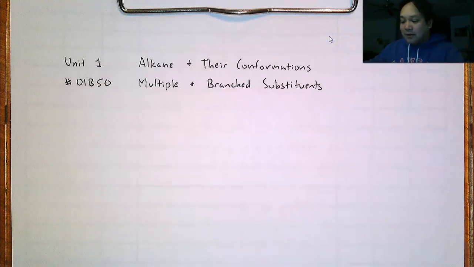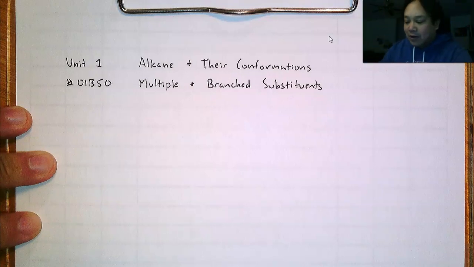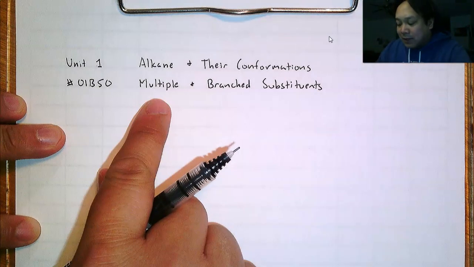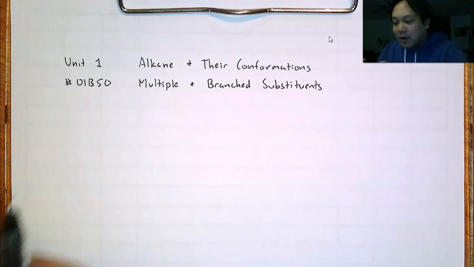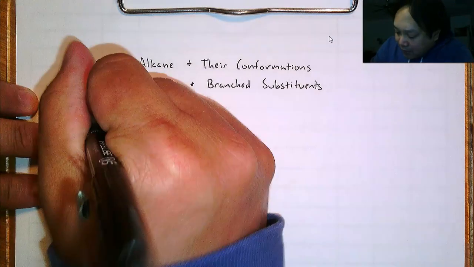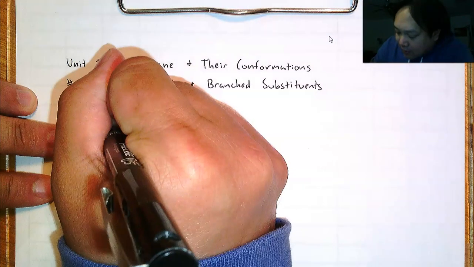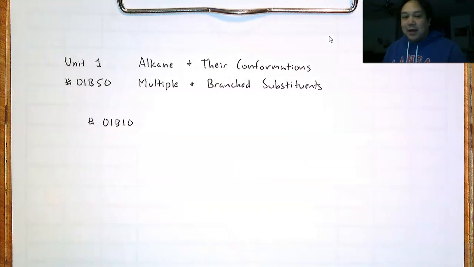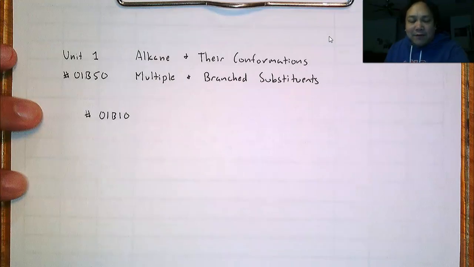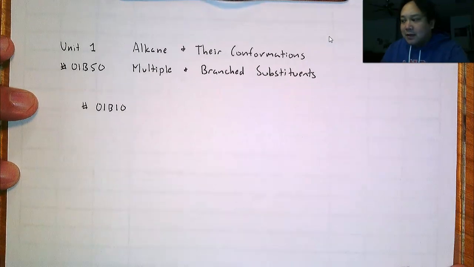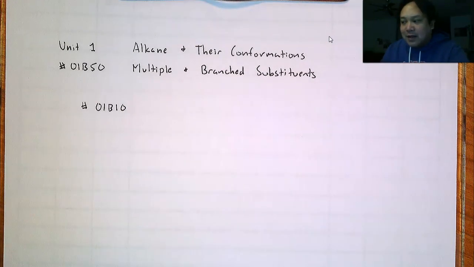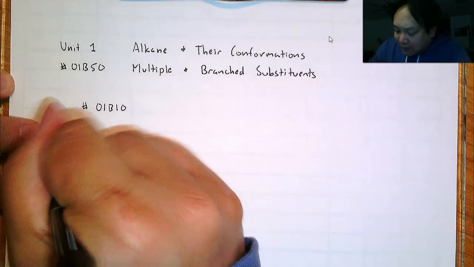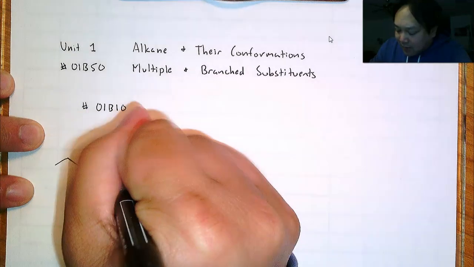If you've been watching these videos in order, we introduced these more complex alkanes in video 01B10, and we left off looking at these branch substituents that have common names, at least most professors consider them common names.